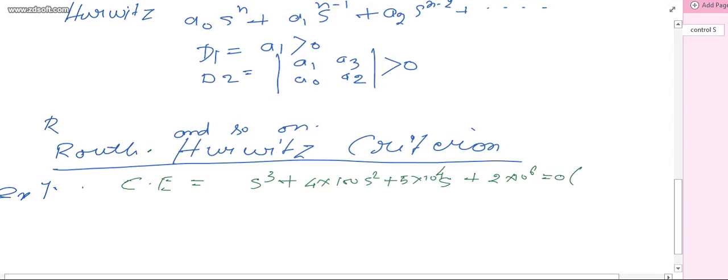This is a question I have taken from the book by Professor B.S. Manke. Okay, so let us solve it. So this is the characteristic equation.